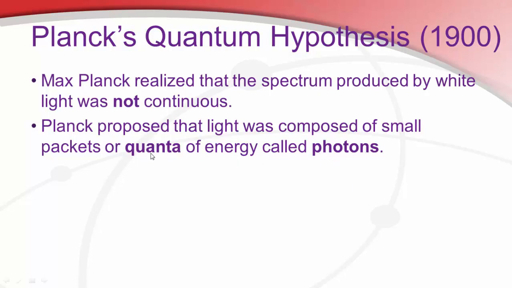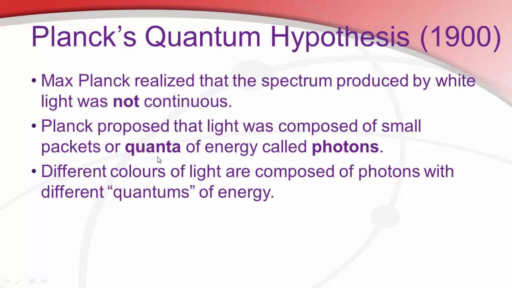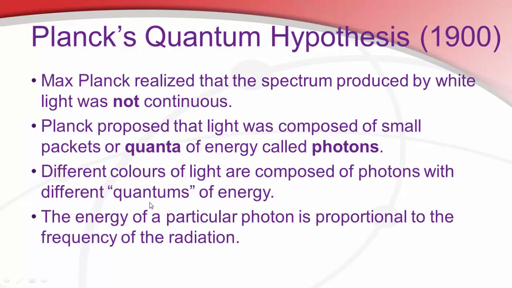And these photons are a little packet of energy. And so if we look at different colors, well, those colors are individual photons with different amounts of energy associated with them.